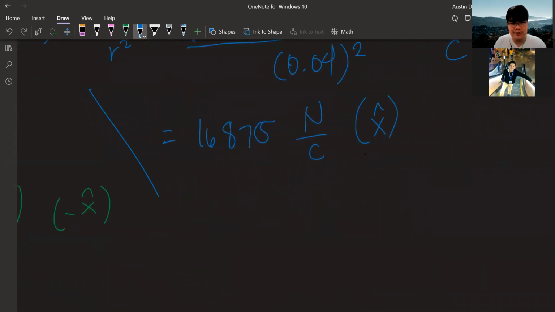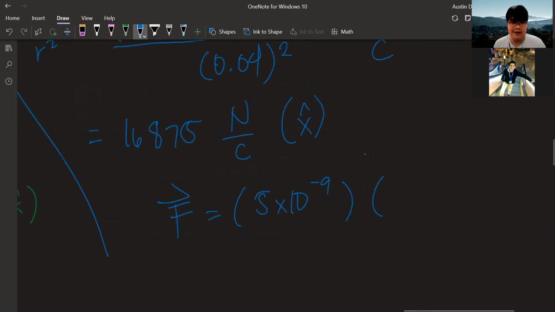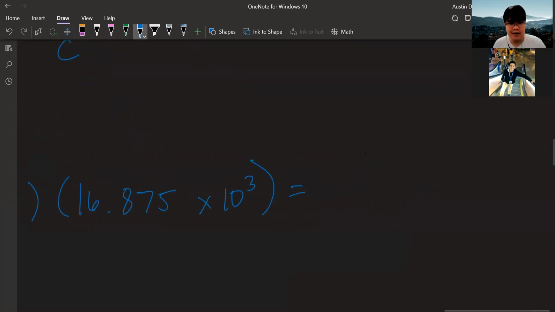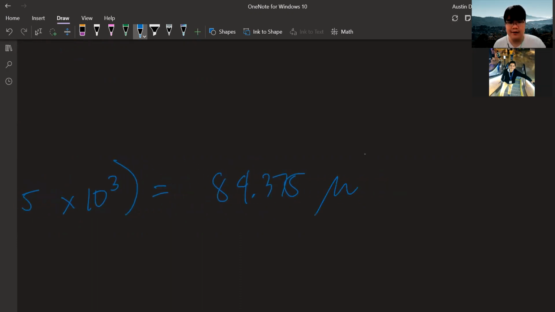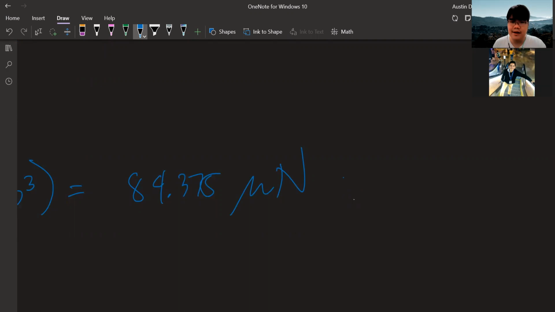So, force is just Q3, which is 5 times 10 to the negative 9, times 16,875 newtons per coulomb, and this actually gives me 84.375 micronewtons. Then the direction would be plus x hat.